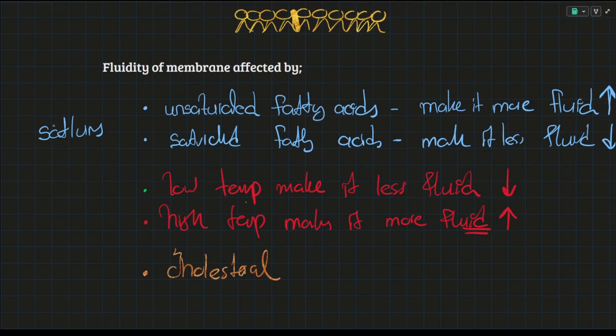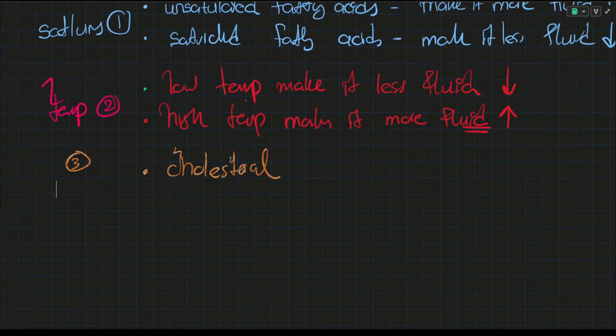So first factor, saturation, unsaturation. The second thing that can affect membrane fluidity is the temperature. The third factor would be the presence or absence of cholesterol. And as the fourth and final factor, what we have is the phospholipid tail length.